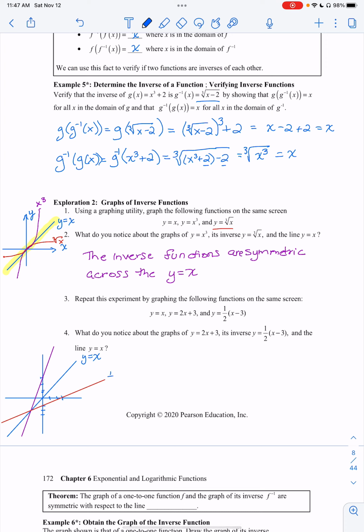So this one's the 1/2 x minus 3, and this one is the 2x plus 3. So you can see again, they're symmetric across the line y equals x. That is interesting and it's helpful for us. Y equals x.